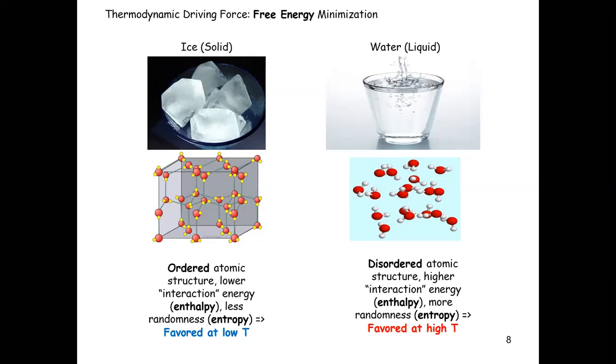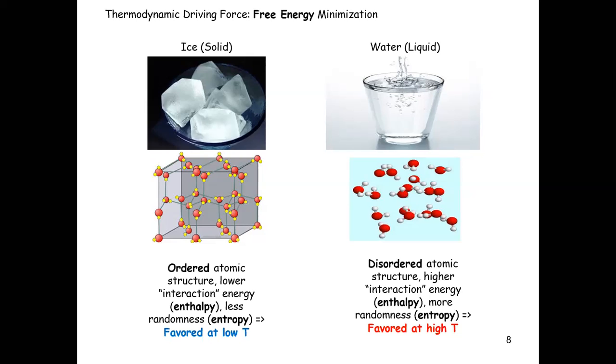Does this make sense? Because water has this random microstructure, which is favored by higher entropy at higher temperature. So water is the more stable state at higher temperature, right? Because in the free energy, it has two components, this interaction energy component and this entropy component.